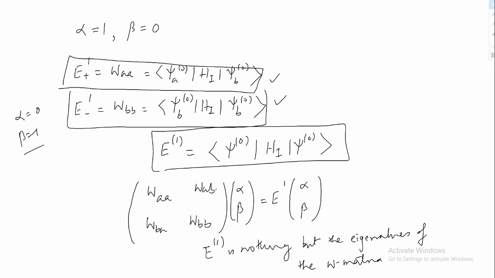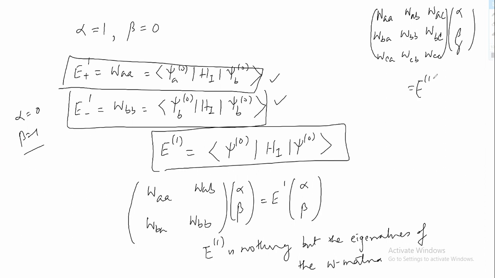In general, I had told you that you can have many-fold degeneracy, and in that case, instead of writing the equations separately, you can write the matrix, for threefold for example, WAA, WAB, WAC, WBA, WBB, WBC, WCA, WCB, WCC, acting on alpha, beta, gamma, equal to E1 alpha, beta, gamma.